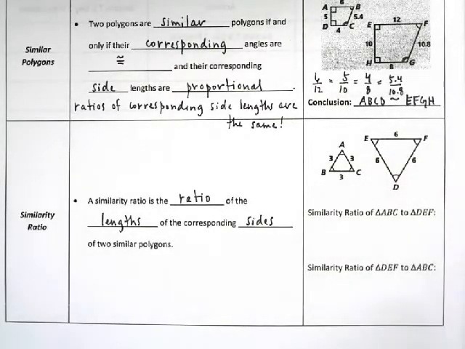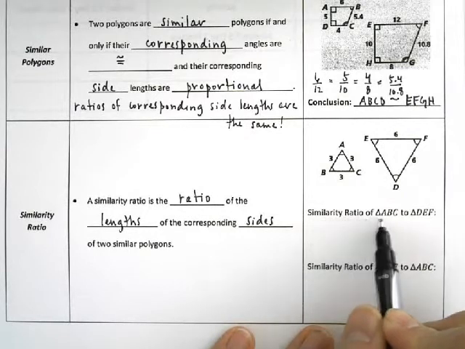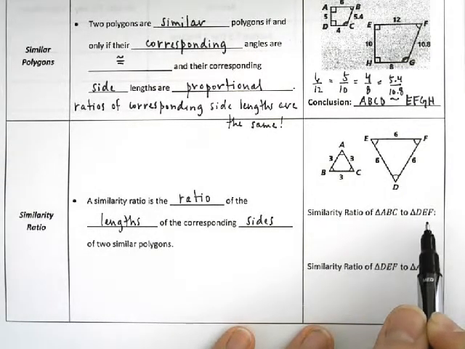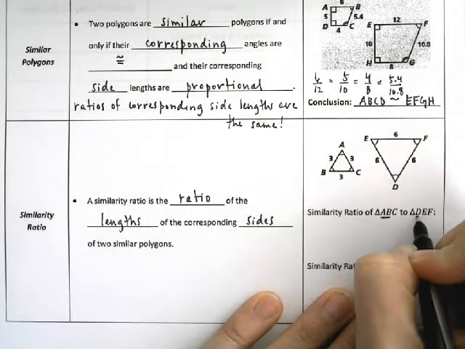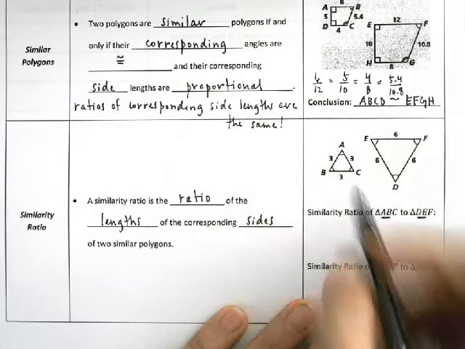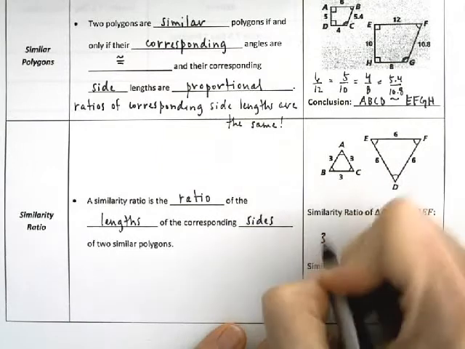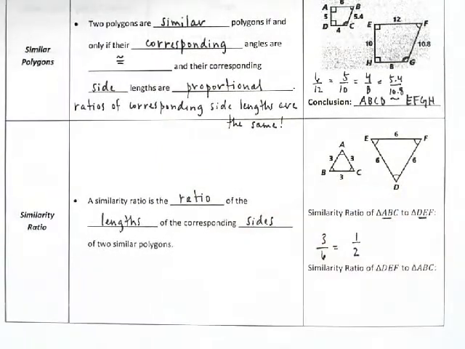Now we have to be a little careful about how the question is stated. In this example, we want to know the similarity ratio of triangle ABC to triangle DEF. So if I took corresponding sides, I know that side AB is going to correspond to side DE. The length of AB is 3. The length of side DE is 6, and we have a similarity ratio of 1/2.